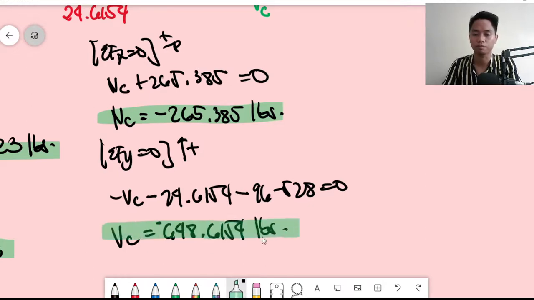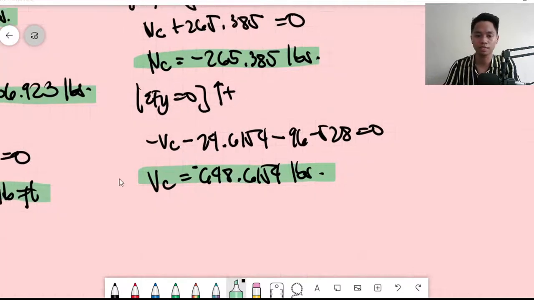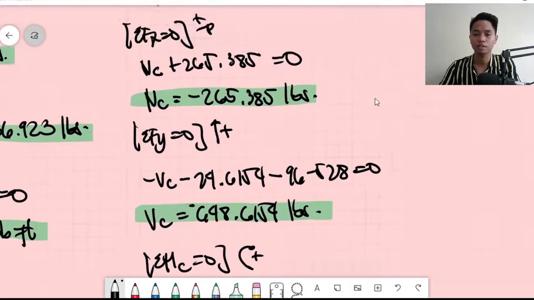Negative shear. Okay. Then last is, what is the moment at C? The internal bending moment. Clockwise moments are positive. Do we have any clockwise moments?